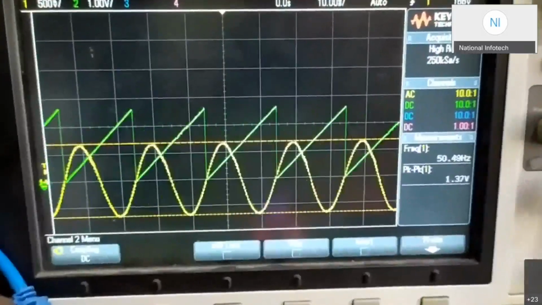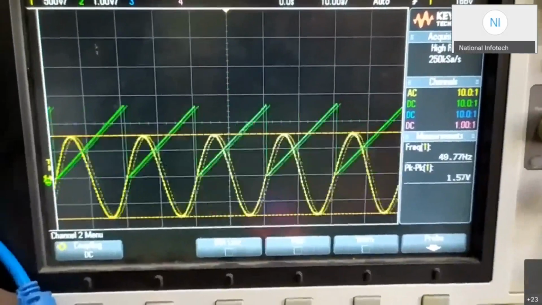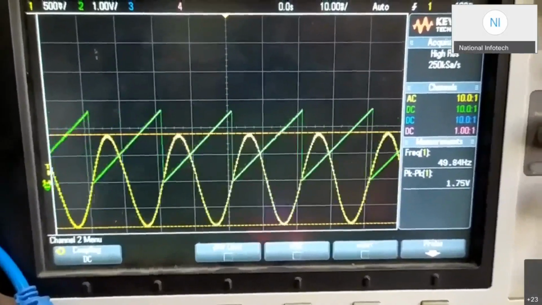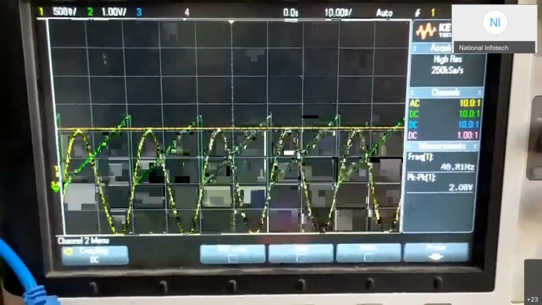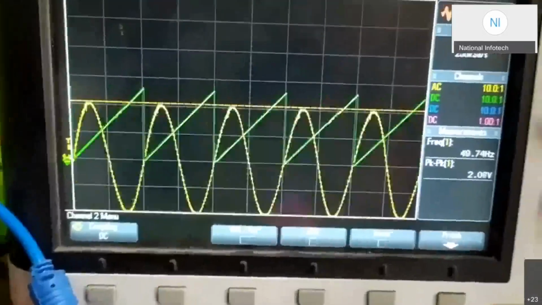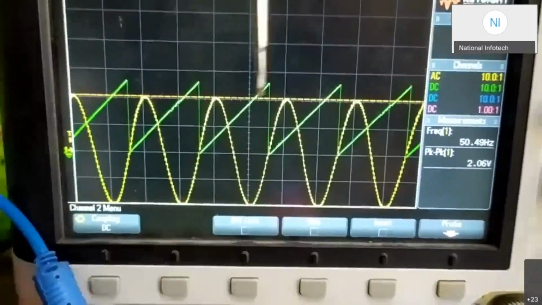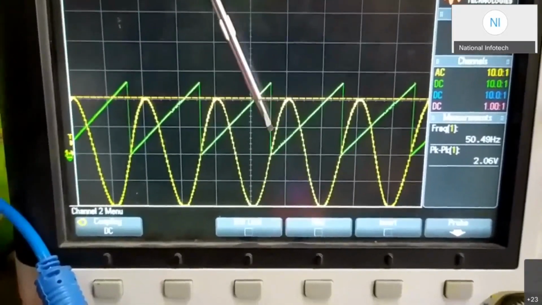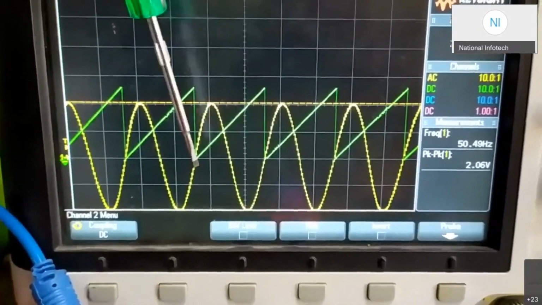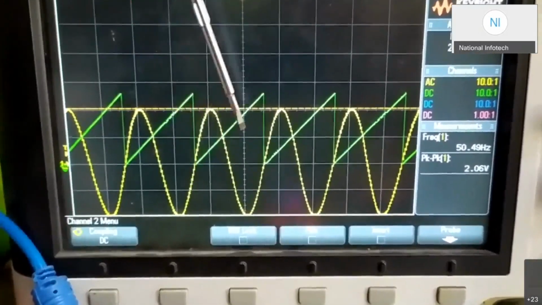Here we can see that the voltage is increasing. As the voltage is increasing, theta is maintained. See, theta is maintaining. We have increased the voltage here, the peak to peak value, and you see, it is maintaining that angle correctly. It is tracking that angle.